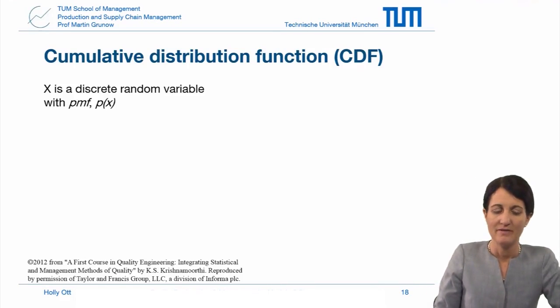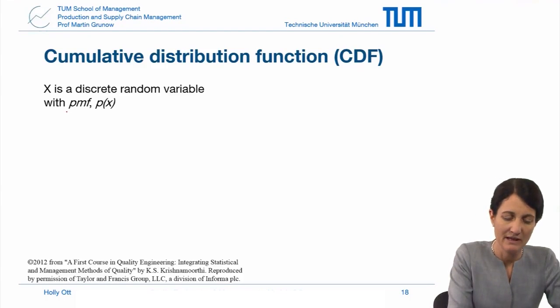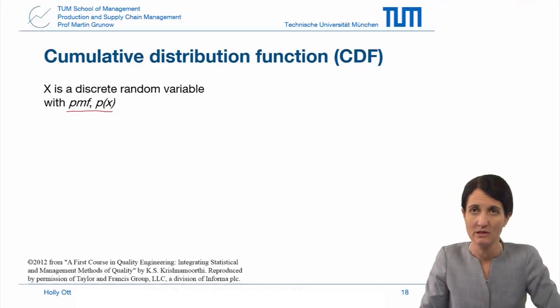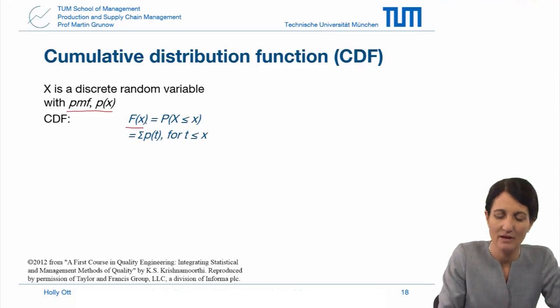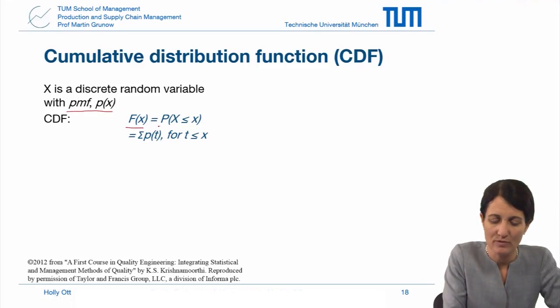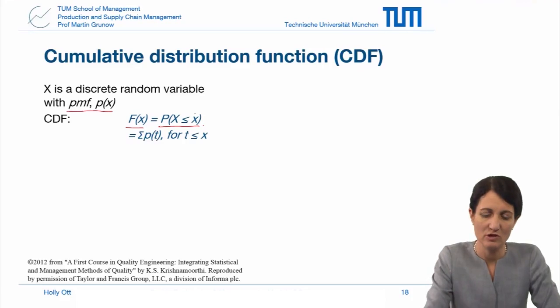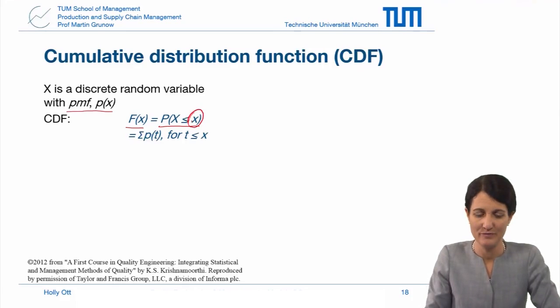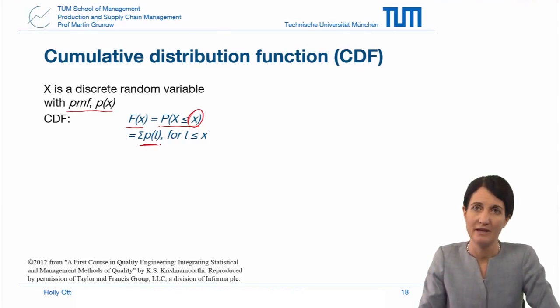So if x is a discrete random variable with, remember the PMF, the probability mass function, denoted by P of x, then the CDF, given by capital F of x, is equal to the probability that our random variable is less than or equal to some specific value. And since we have discrete values here, it's just the sum of each of the individual P of x.